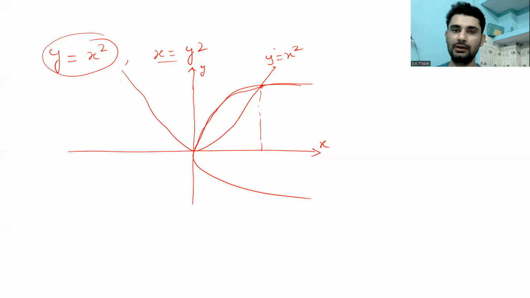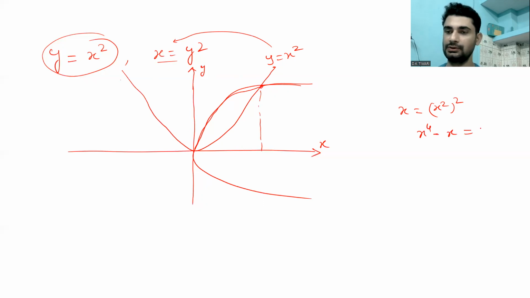Put the value of y in this equation. So x equals x square squared, so x to the power 4 minus x is equal to 0. Take x common: x times x cube minus 1 is equal to 0. So x equal to 0 and x equal to 1. When we put x equal to 1 over here, we get y equal to 1. So this point is (1, 1).